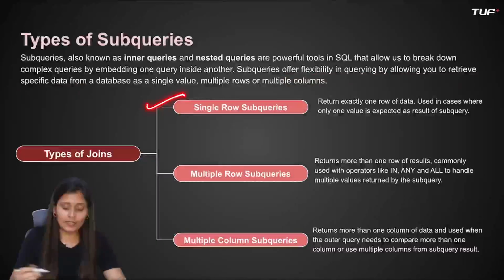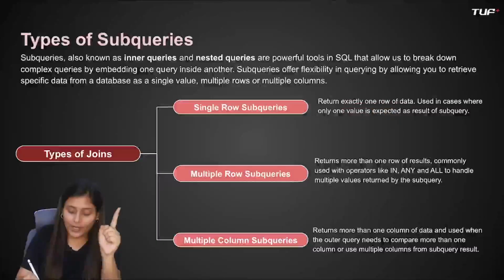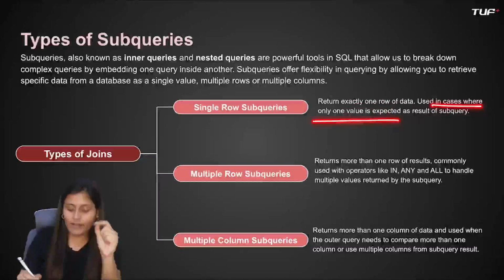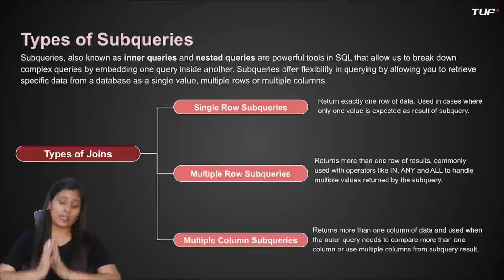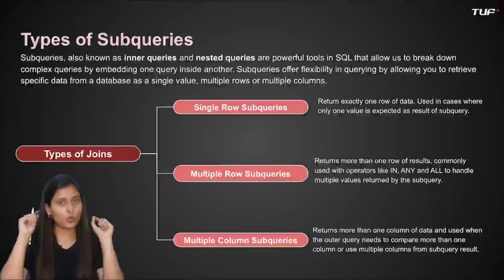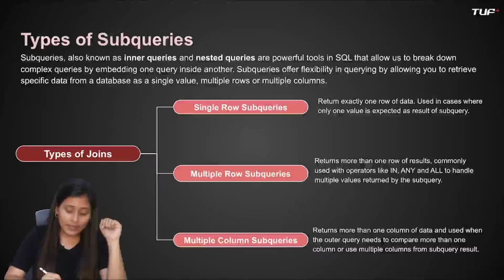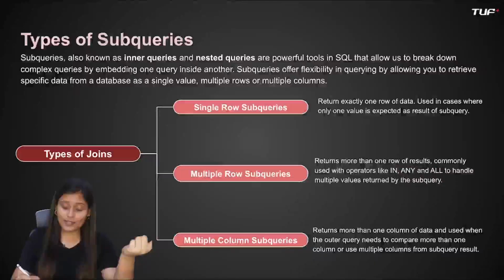The first type of subquery is the single row subquery, which returns exactly one row of data and is used in cases where only one value is expected as a result. The multiple row subquery gives you more than one row as a result, and here you will be using operators like IN, ANY, ALL.